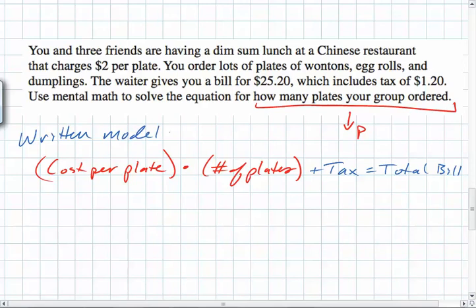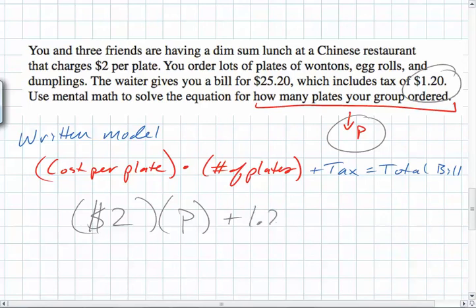You know that the cost per plate times the number of plates is how much you spend on the food, and when you add in the tax, you end up with the total bill. Well, we know the cost per plate is $2. We don't know the number of plates, but we've decided that P is the number of plates. We know that the tax is $1.20, and we know that the total bill is $25.20.